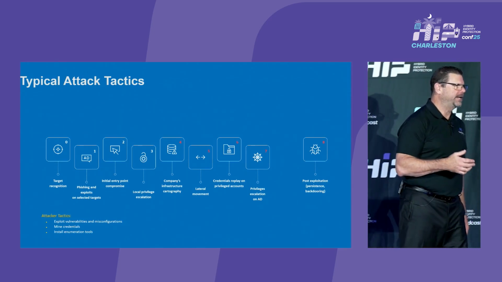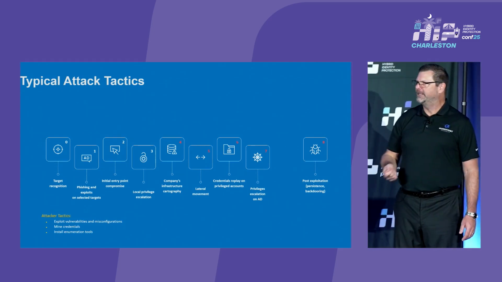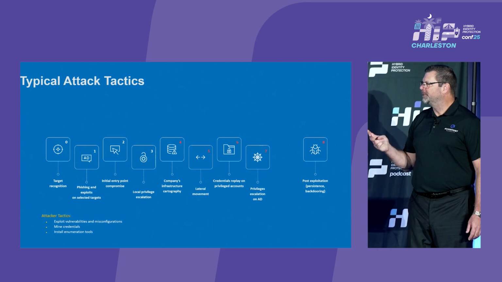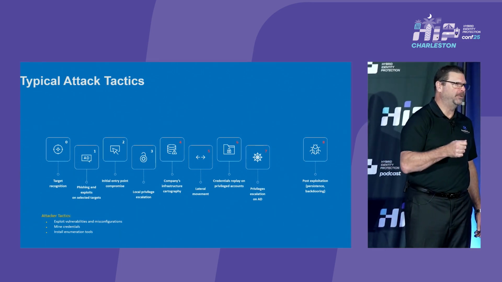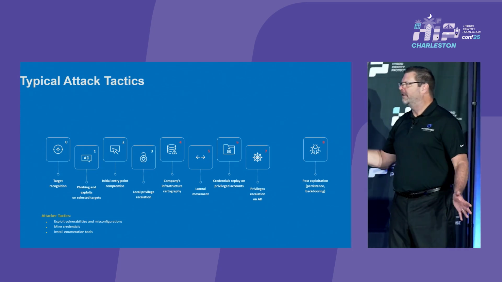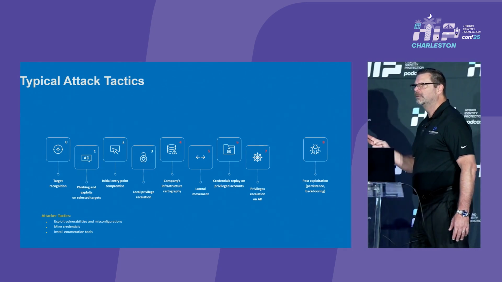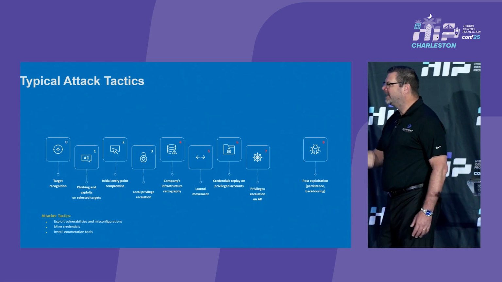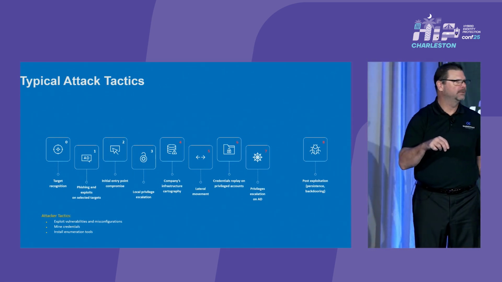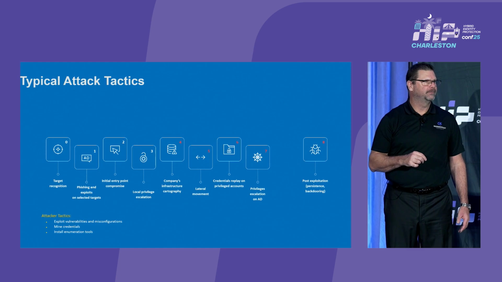Local privilege escalation is critical for the attacker for two reasons. One, they typically need to install some tool to help them do recon on the environment. Two, in order for the attacker to mine the credentials from that machine, they need local privileges.